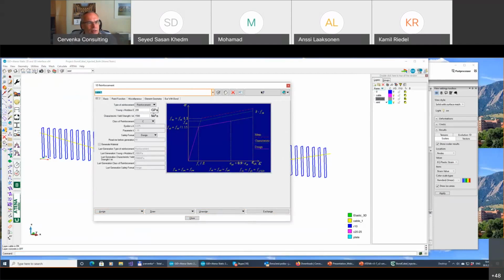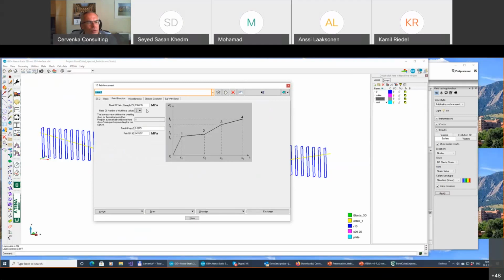So this material has a Young's modulus, has a characteristic strength of 1,500 MPa, and it is generated by some Eurocode classes, assuming design characteristics. So then we obtain this kind of design parameters.